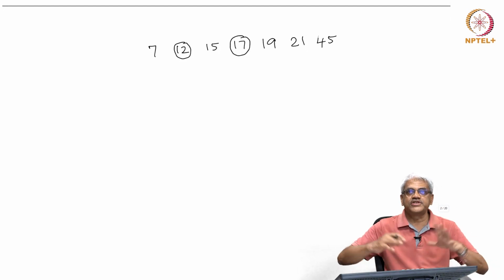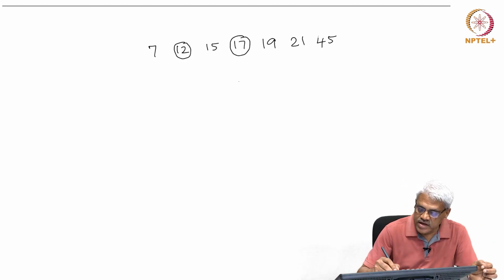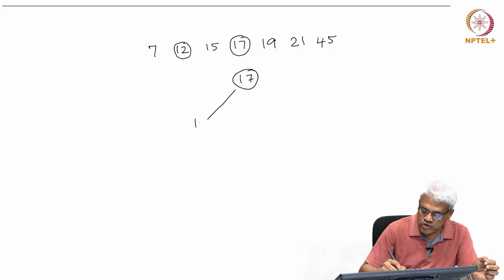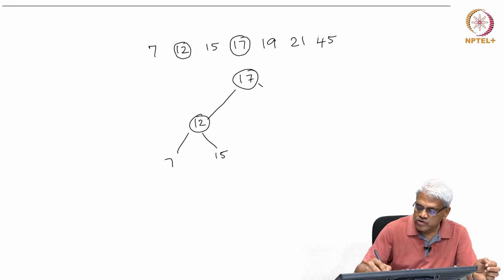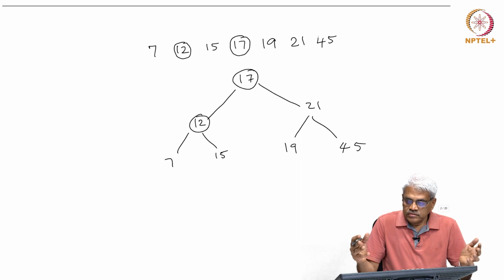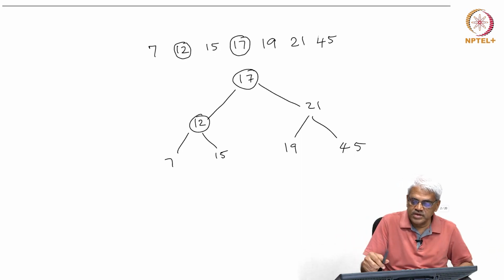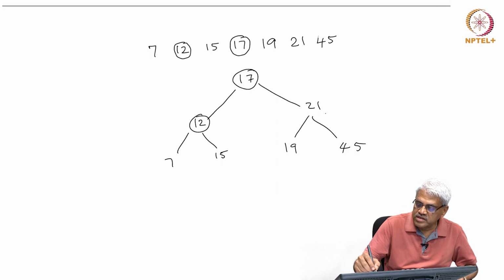So suppose I want to capture how binary search works by a tree, then here is the possible tree. I have 17 at the root, then 12, 7, 15, 21, 19, and 45. If you look at it, it's a complete binary tree. It is not a heap because it does not have the parent greater than or equal to children property, because here is a parent which is actually smaller than one of its children.